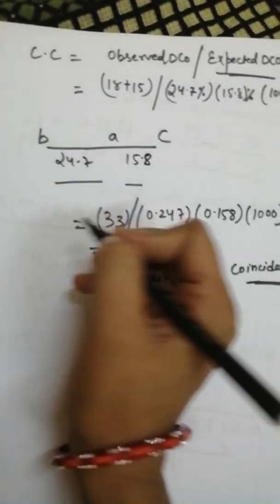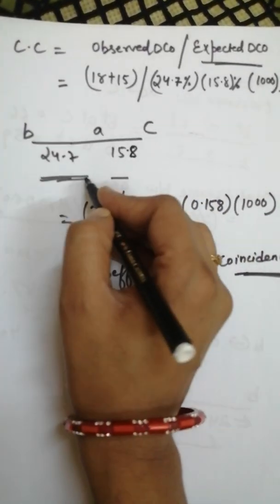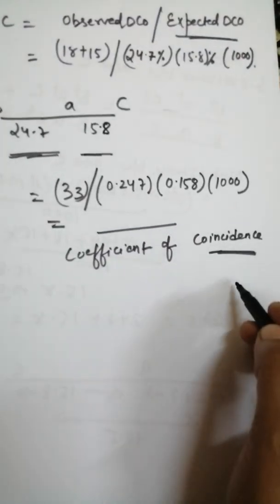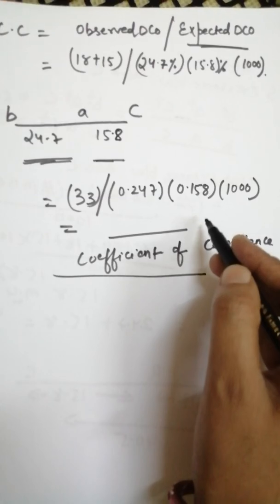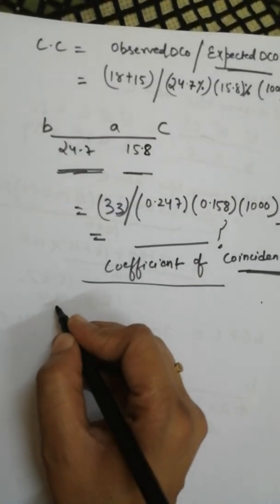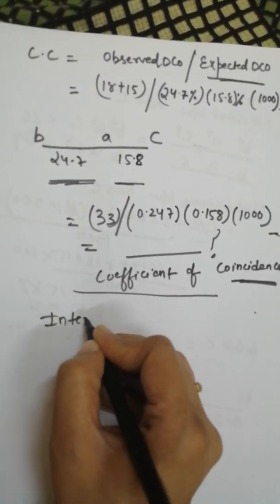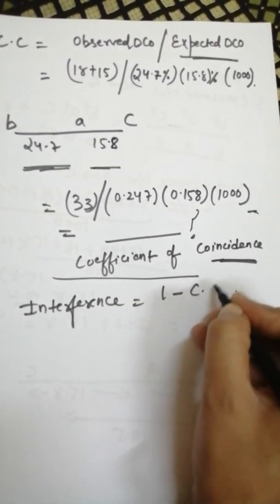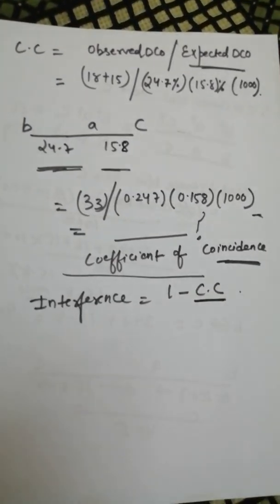And the answer which we calculate from this is the coefficient of coincidence, and the interference is equal to 1 minus CC. Okay, thank you.